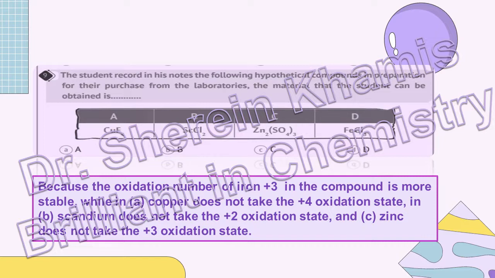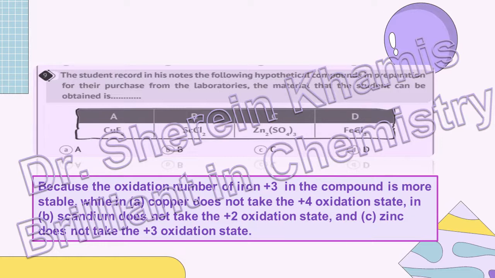Also it is a wrong answer here. And C, zinc doesn't take the 3 oxidation state. Okay, so these compounds are wrong in the chemical formula as they don't have this oxidation number.